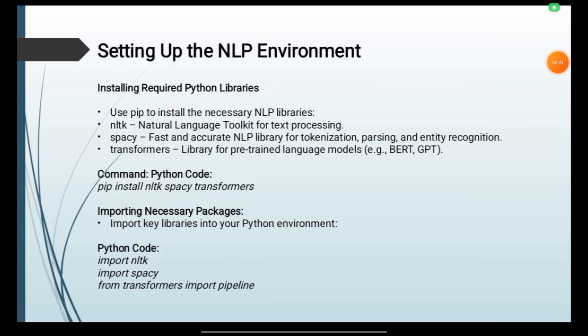So as far as the slide is concerned, here we will be discussing setting up the NLP environment. Let us first go through the details that have been mentioned over here and then we will discuss it. Installing required Python libraries. Use pip to install the necessary NLP libraries. NLTK, Natural Language Toolkit for text processing.